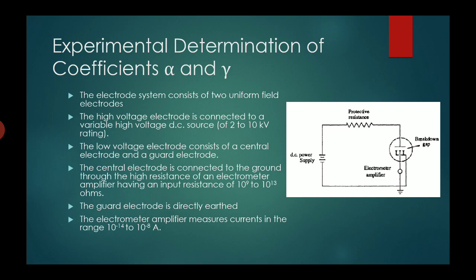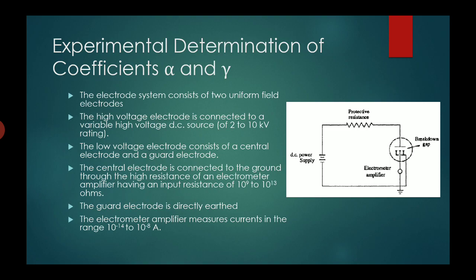The electrometer amplifier measures the range of current from 10 to the power minus 14 to 10 to the power minus 8 amperes. So the electrometer measures the flow of the electrons, that means whether current is flowing or whether there is a breakdown inside the gap when the DC power is applied.